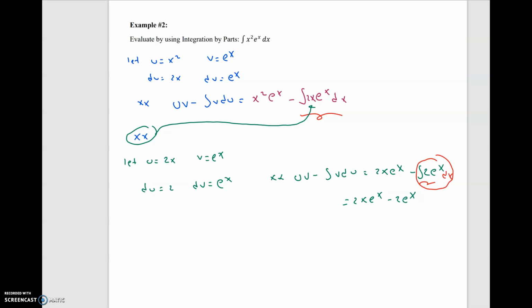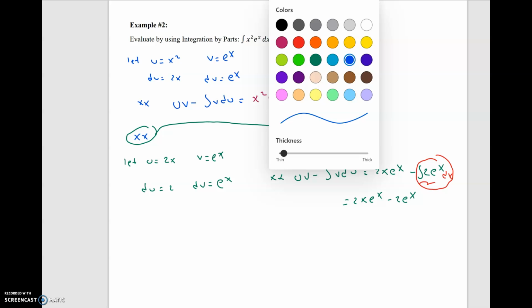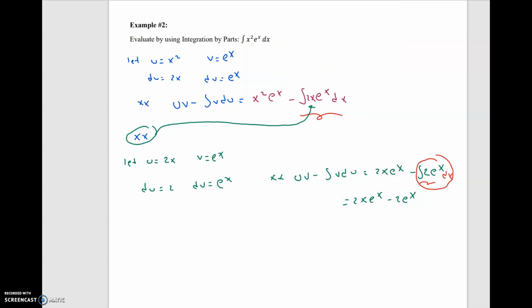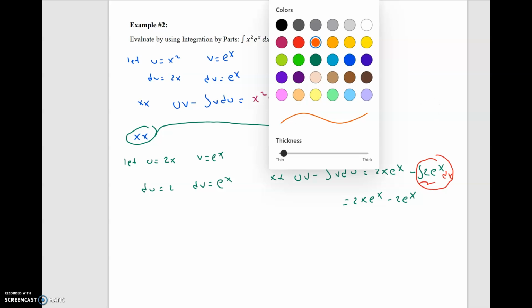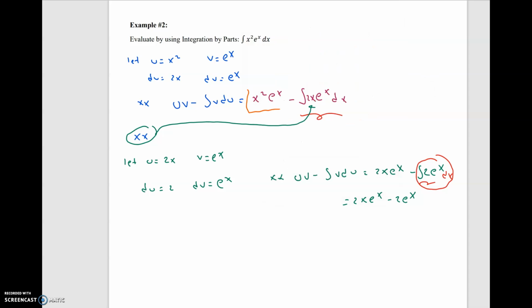As we pair up our solutions, let me use orange for the first part, and then the resulting integral ended up with a minus this portion.